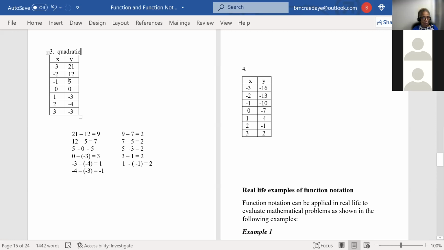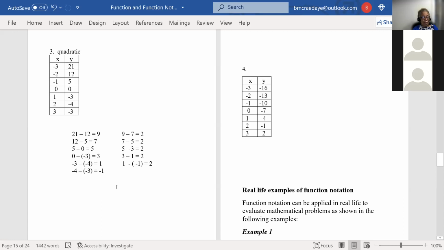Then take the 5 minus the 0, and that's 5. Then take the 0 minus a minus 3, which is 0 plus 3. And then a minus 3 minus a minus 4, which is minus 3 plus 4, and that gives you 1. And then a minus 4 minus a minus 3, which is minus 4 plus 3, gives you minus 1.